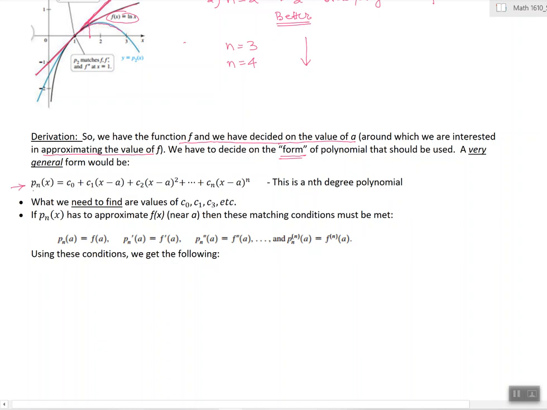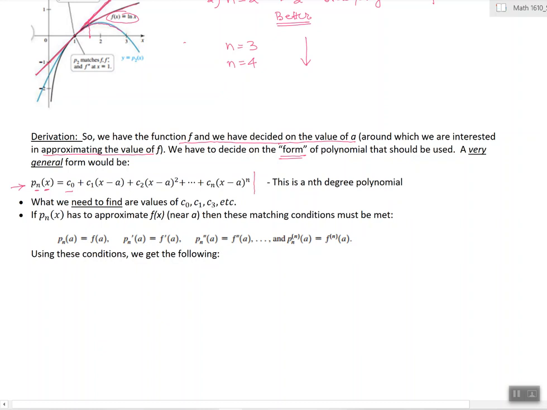So my polynomial, P n, this stands for nth degree, which is obviously going to be a function of x, is c0 plus c1 times x minus a plus c2 times x minus a squared, and so on till n. So this is nth degree polynomial.